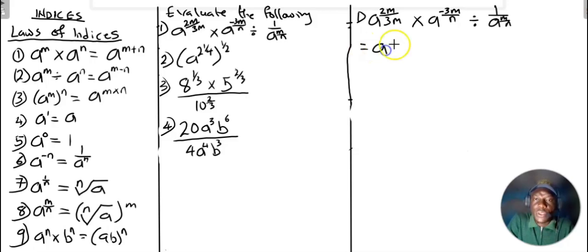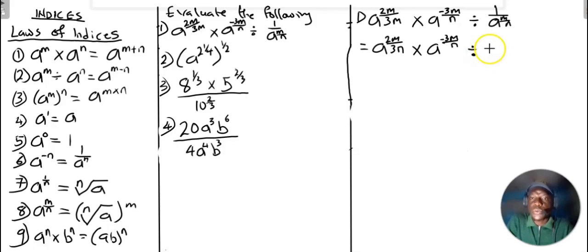You have a raised to power 2m over 3n times a raised to power minus 3m over n divided by, here now is going to be a raised to power minus m over n.